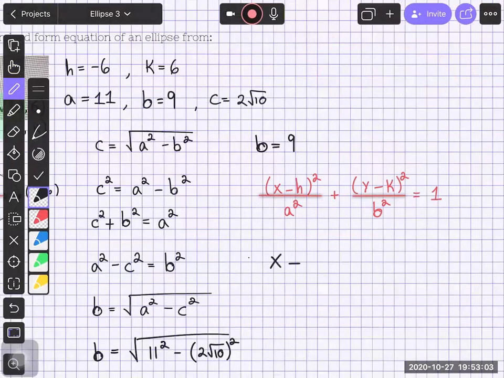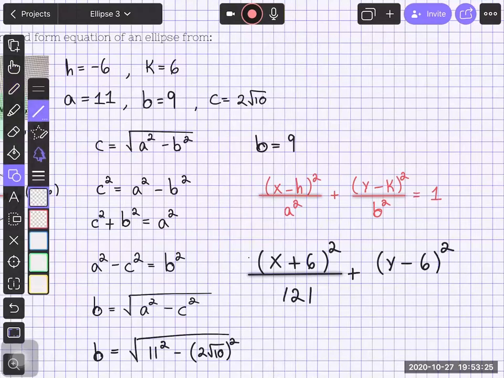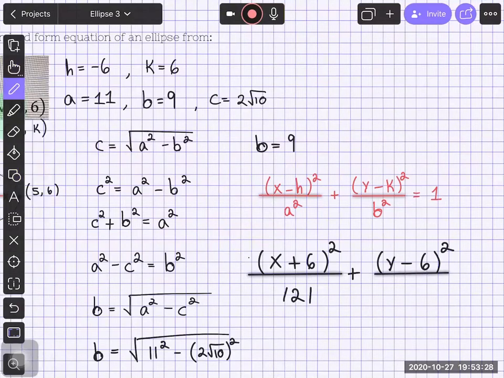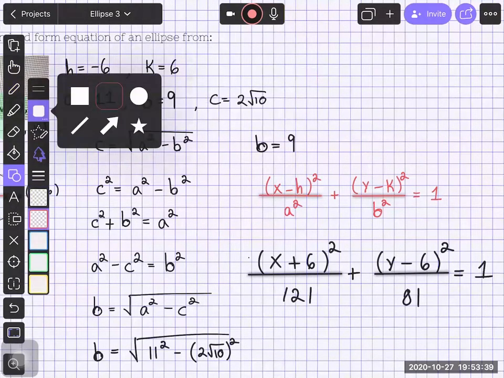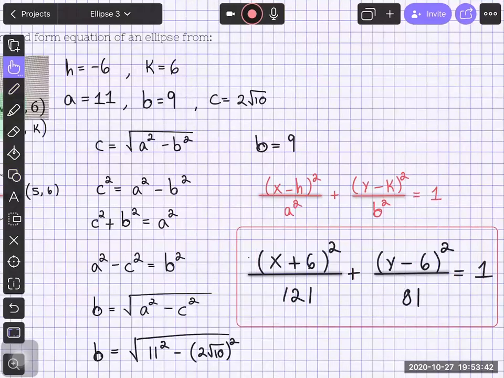So our answer will be x minus h, which is -6, so x plus 6 squared divided by a squared, a is 11, so 121, plus y minus k, that is 6 squared, and this is divided by b squared. 9 squared is 81 and this equals 1. And this is our final answer.